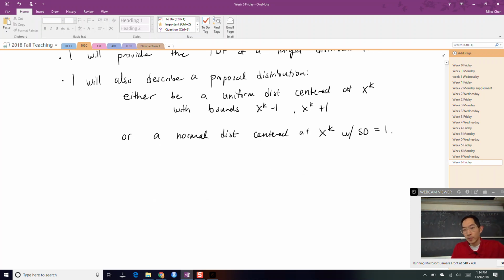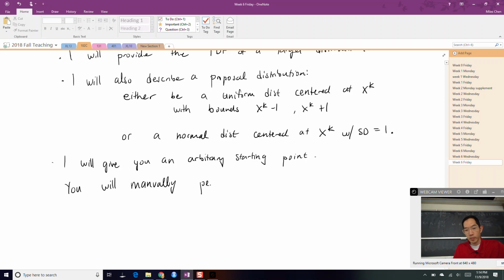And then I will give you an arbitrary starting point. And then you will manually perform a few iterations of the Metropolis algorithm.